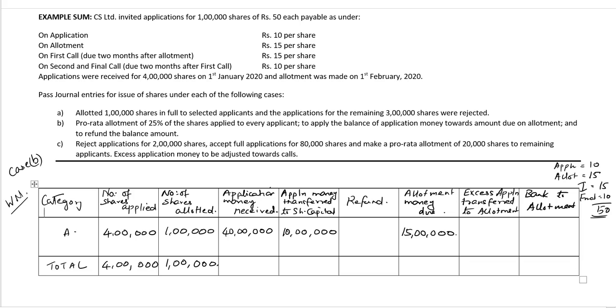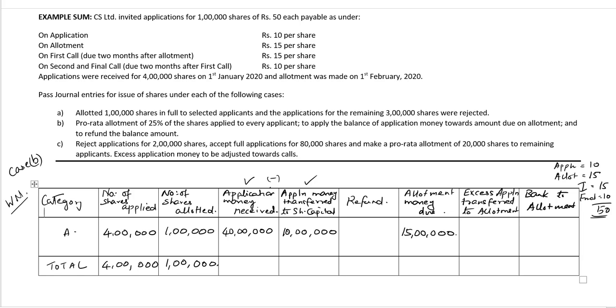Excess application transferred to allotment. The excess application money that we have is the application money received 40 lakh minus the application money which is transferred to share capital, which is 10 lakh rupees. So the excess application money is 30 lakh rupees. The allotment money due is only 15 lakh rupees.